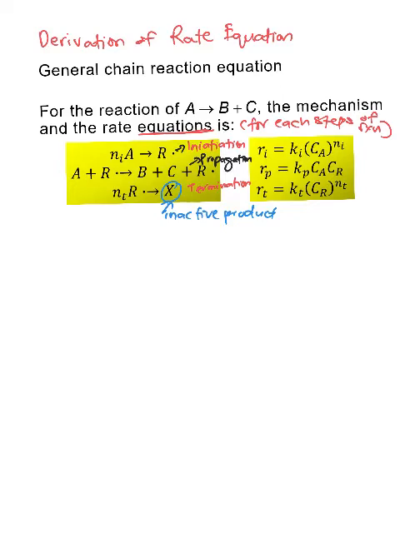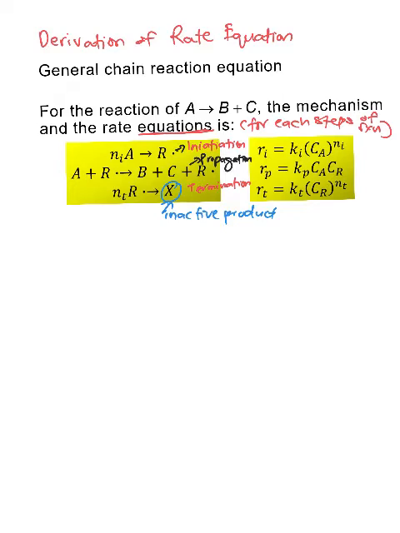Then we look at the rate equations for each step of reaction. For the initiation step, Ri equals Ki Ca power of Ni, because we assume the reaction is elementary. So that's why it is the concentration of A power of the stoichiometric coefficient of A, which is Ni. For the propagation step, Rp equals Kp Ca Cr.